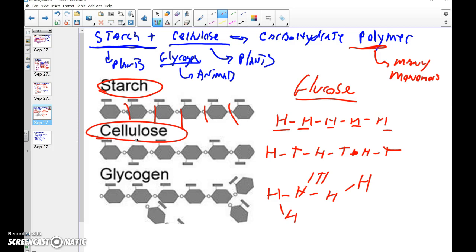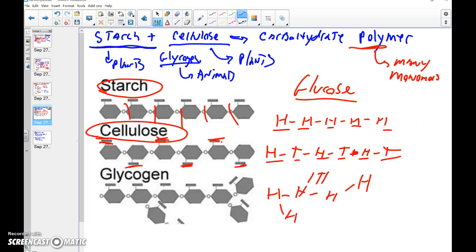But the difference between cellulose and starch is that cellulose, and you can see this right here with these little structures off the side, is assembled so that one glucose is in one way, the next glucose is in the opposite way. So again, using our analogy, where starch is heads, heads, heads, heads, cellulose is heads, tails, heads, tails, heads, tails.